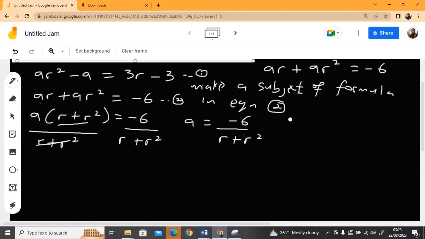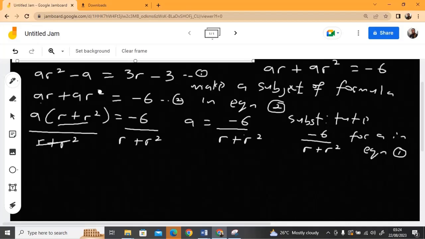So I'm going to substitute minus 6 over R plus R squared for A in equation 1. Anywhere I say A, I'm going to replace it with minus 6 over R plus R squared.